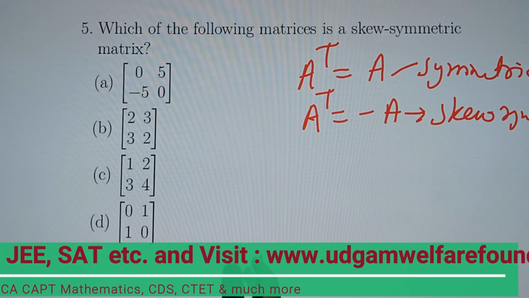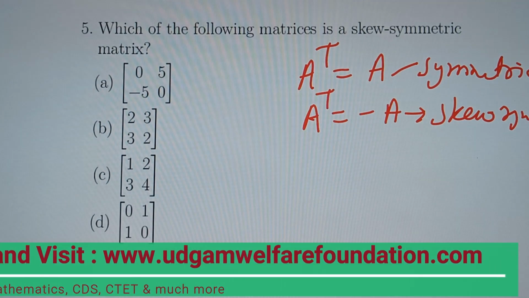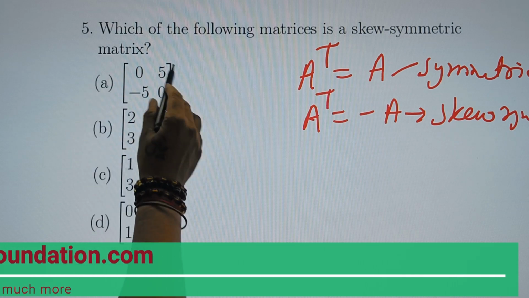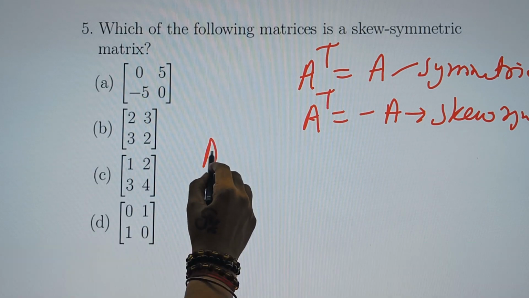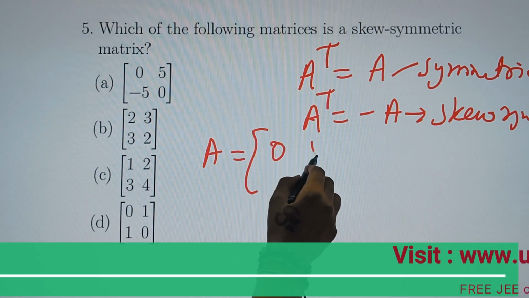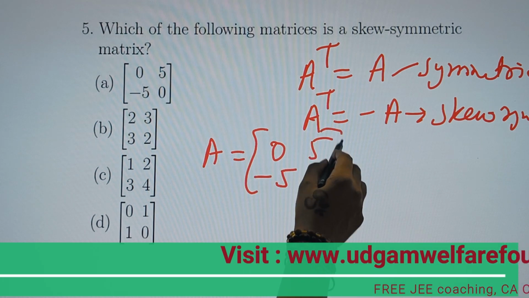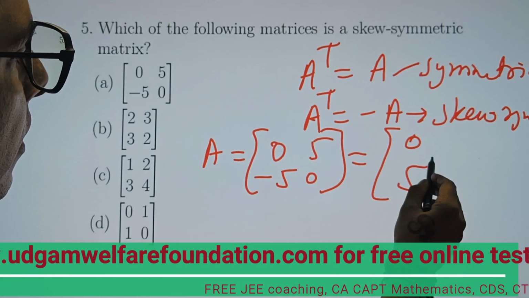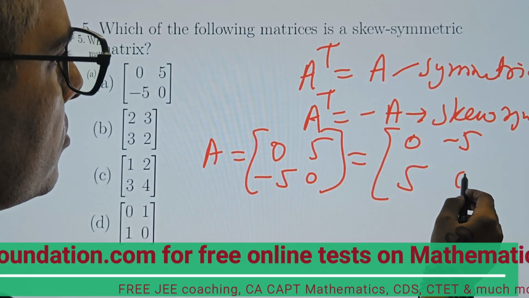So now if we do the transpose and we get the negative of the matrix A, that means if we check this question and transpose it, let us say 0 5 minus 5 0, and if we do the transpose, this 5 will come here, sorry, minus 5 0.